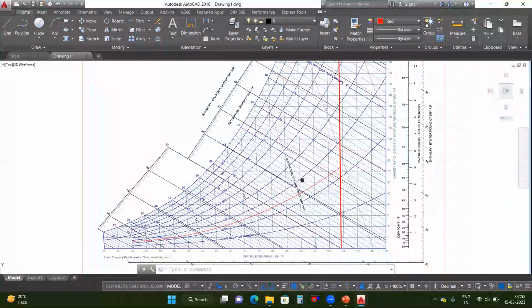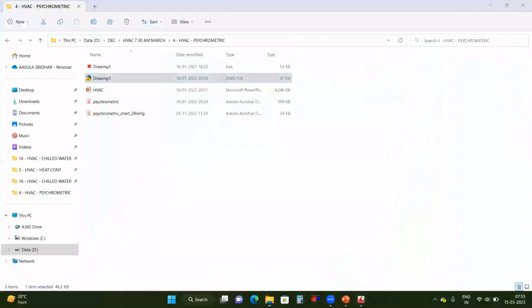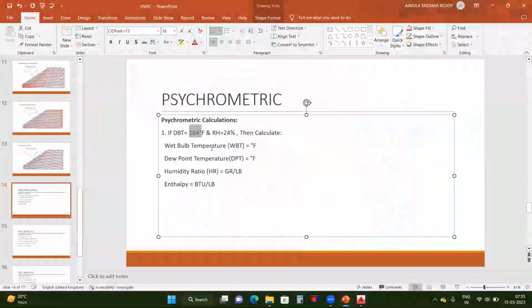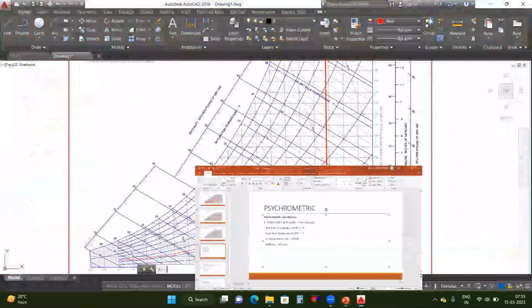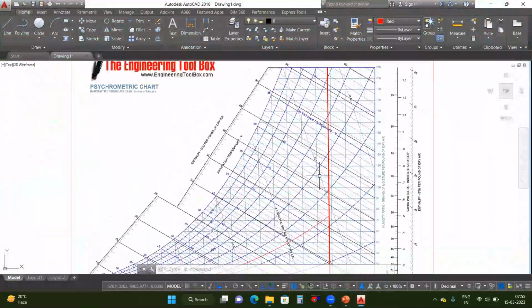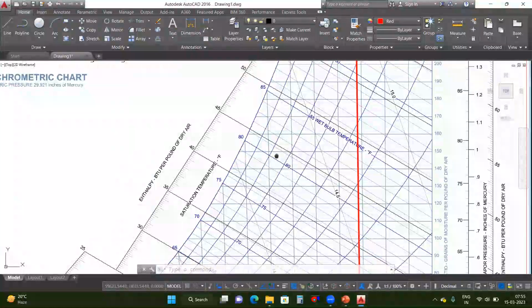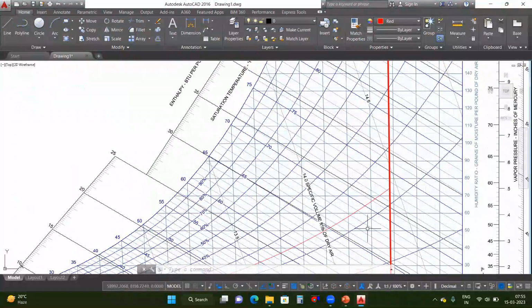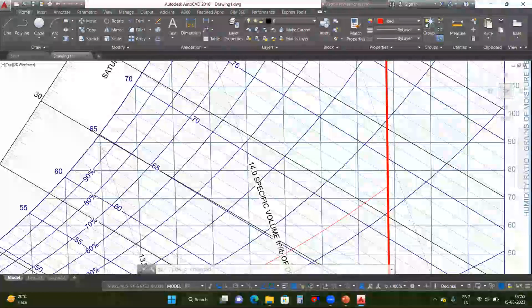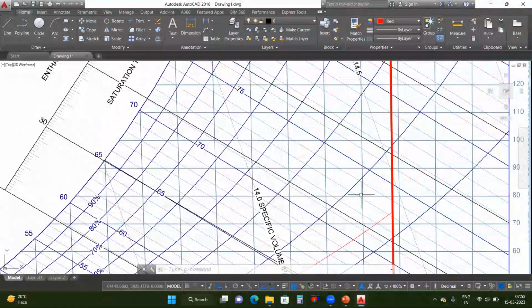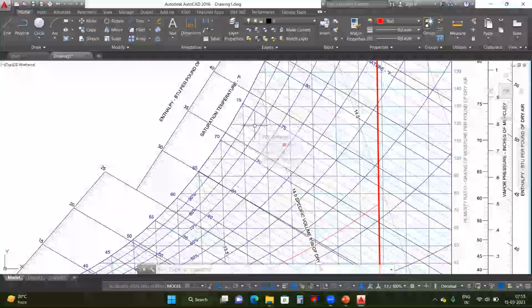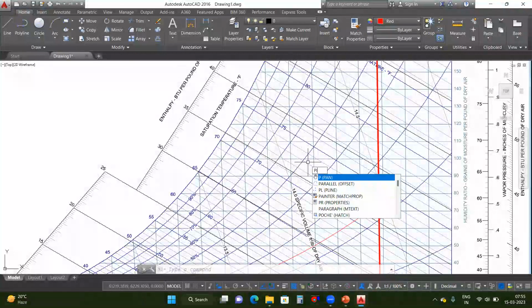So what are the values required here? The first one required is the wet bulb temperature. The wet bulb temperature lines are these lines: 85, 80, 75, 70 and 65. These two lines are meeting here, so I will draw one line along the axis of wet bulb.